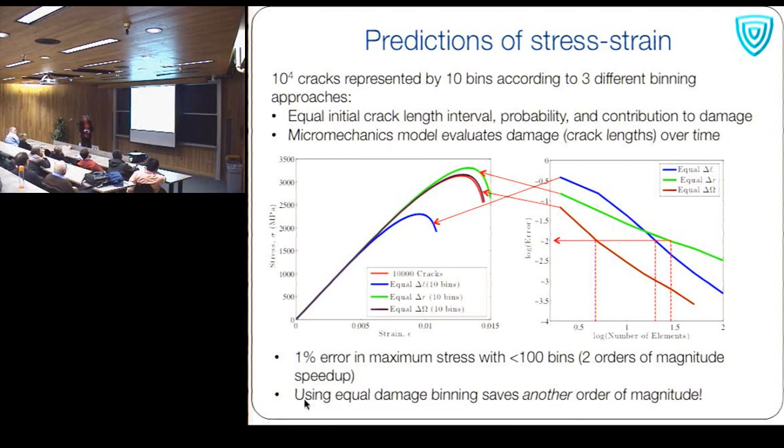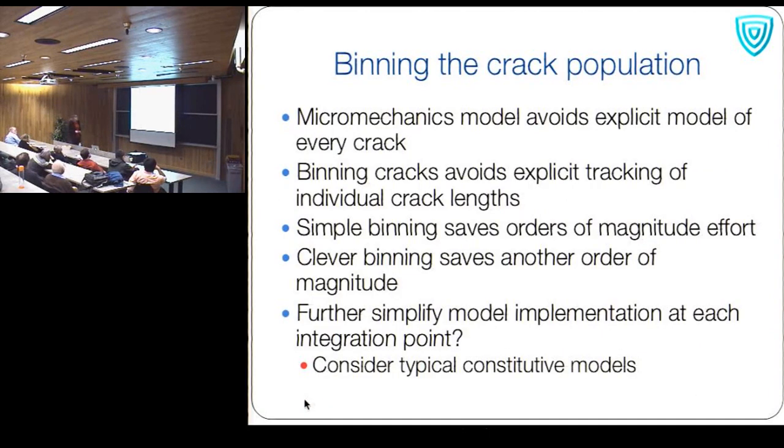Binning well saved us another order of magnitude. So it wasn't that hard. It didn't take much for us to think about this, but coming up with the construct around it actually took quite a bit of time. So again, simple binning is very useful. Clever binning is even more useful, and it doesn't add anything to your computational effort. It's just something you establish up front.